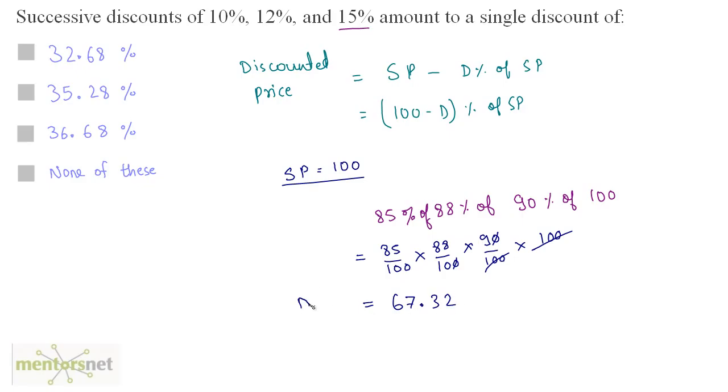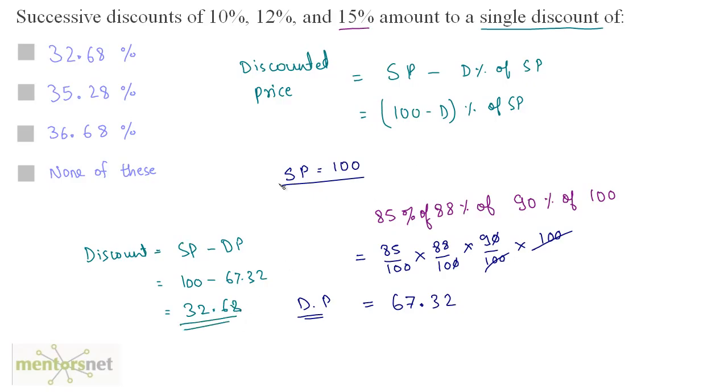So the discounted price is equal to 67.32. Now that's not what is asked. We have been asked what is the discount. So discount is equal to the selling price minus the discounted price. So the selling price is 100 here minus the discounted price 67.32. So this is equal to 32.68.